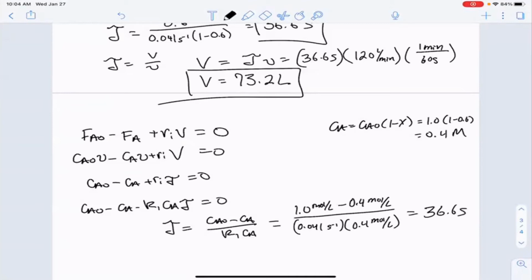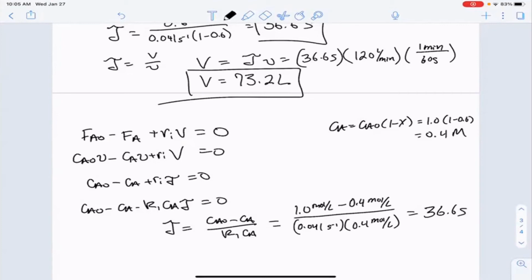And so hopefully, as we've derived a few equations and looked at this first example problem, there are a bunch of ways here in a CSTR that we could get to the solution, right? We could work with concentrations, we could work with conversion directly. Hopefully, another thing that you've noticed is that the math is a little easier generally for a CSTR, right?